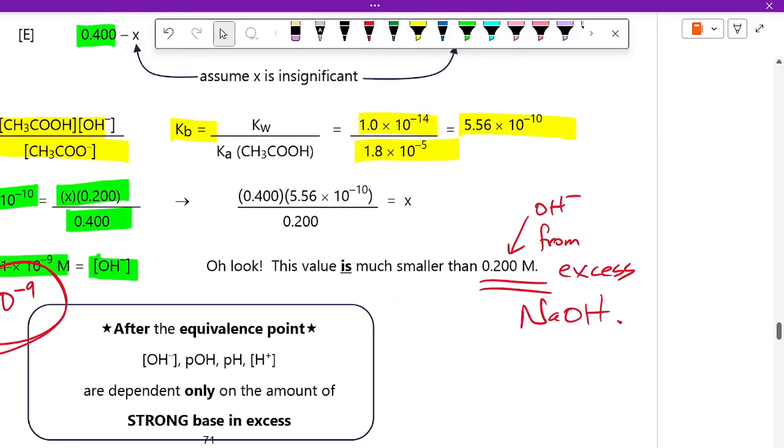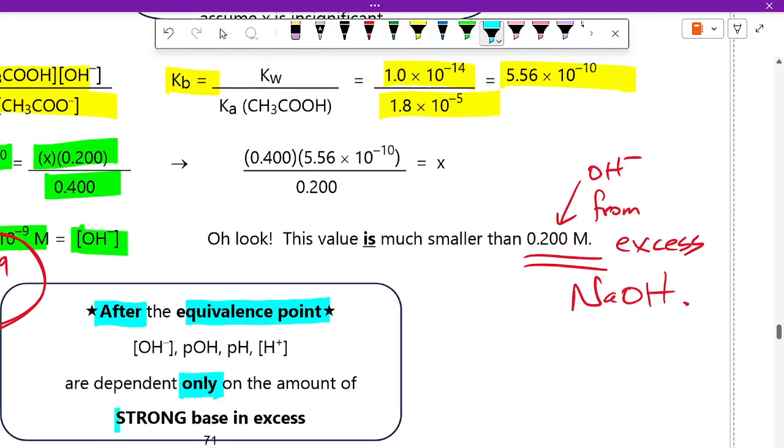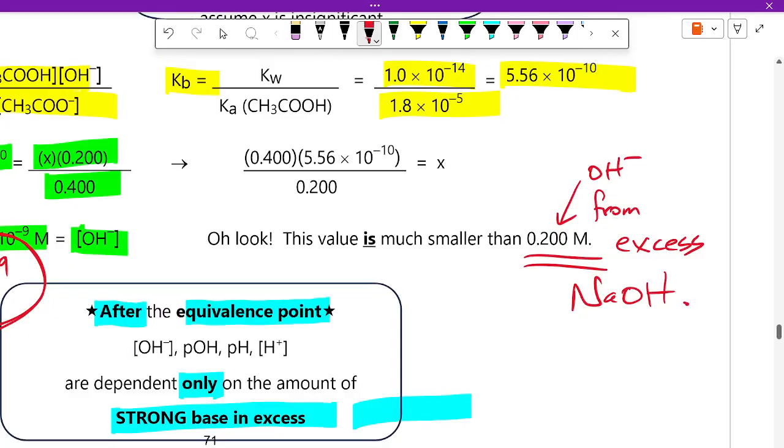So after the equivalence point, all of those pHs and pOHs are dependent only on the strong base in excess. You can ignore the weak base. Insignificant.